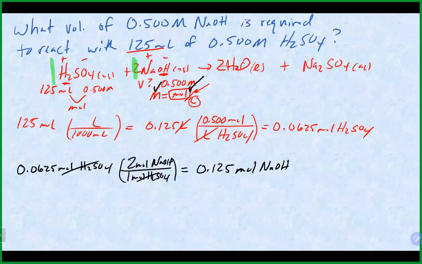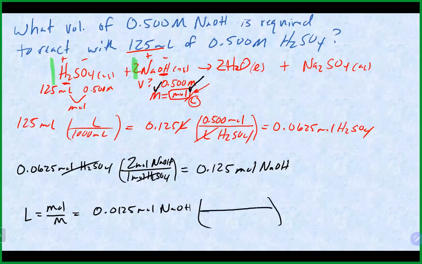Now that we have the moles, we still have the molarity. So much like we did last time, we can now solve for the liters, which would be our moles divided by our molarity. So using our moles of sodium hydroxide, here we're going to use our molarity with the moles on the bottom of the sodium hydroxide. So that's going to be 0.5 moles per liter.